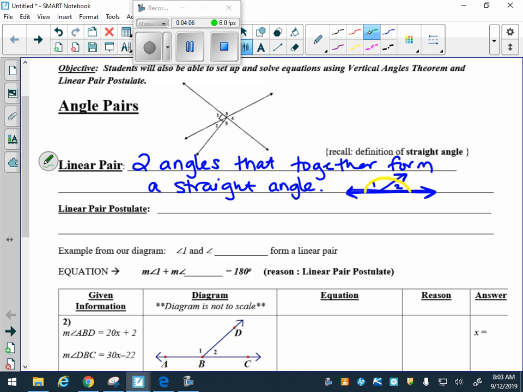Okay, so linear pair postulate says if two angles form a linear pair, then they are, what's the word for when two things add up to 180? Supplementary, right.